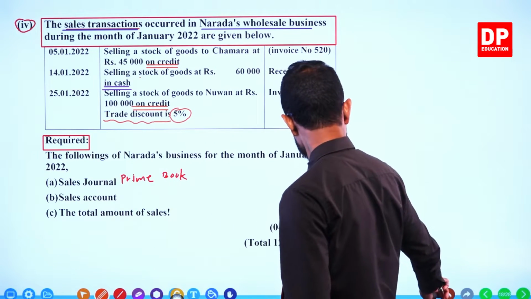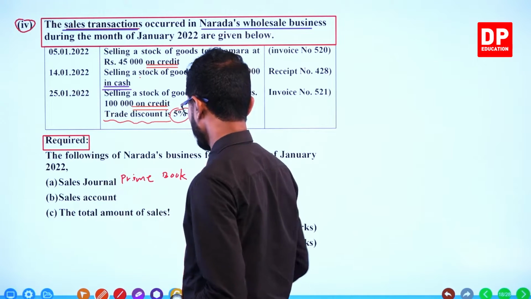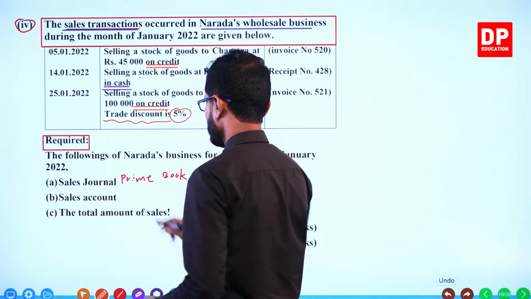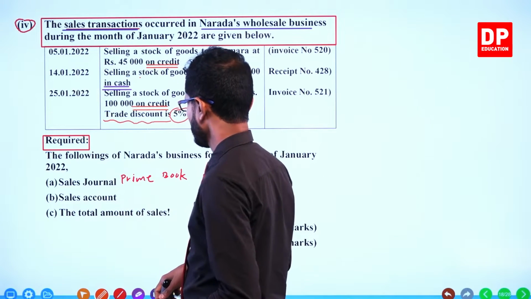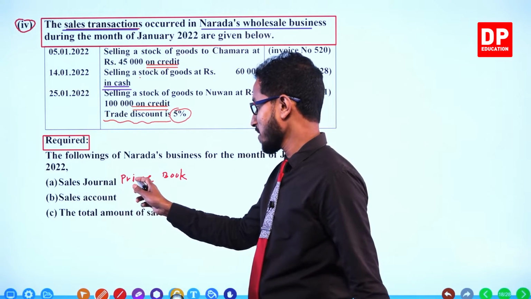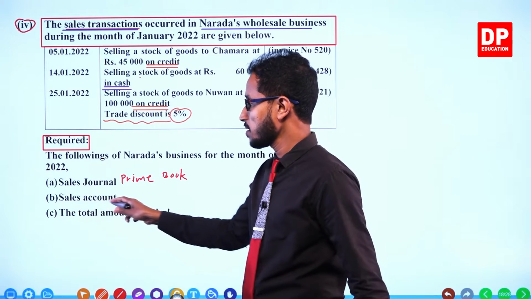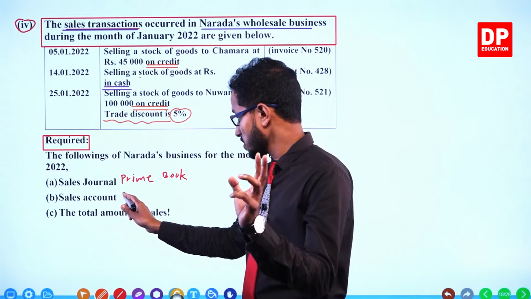Just making it clear: the journal is a prime book, and the sales account is a ledger account.